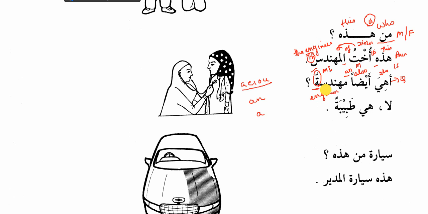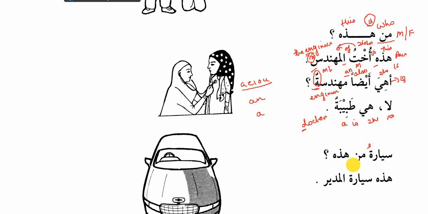Since in English there is no difference in the word engineer, male or female. La hiya tabibatun. No, she is. Now what we will put? Tabibatun is doctor. So does doctor start with a vowel? No. So we will use a doctor. No, she is a doctor.